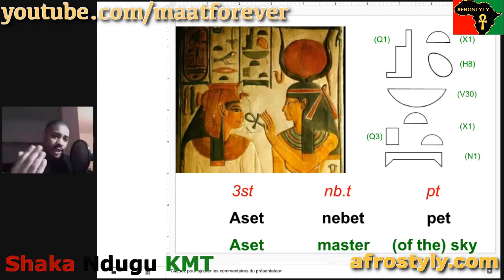Ta means land. Tawi means the two lands. The two lands, that's actually Upper and Lower Egypt. Upper in the bottom and lower in the top. It might be confusing, but the ancient Egyptians, they saw the world, should I say upside down or right side down?